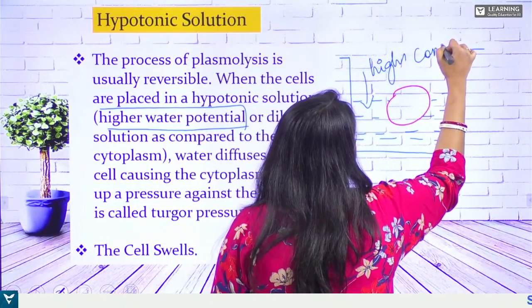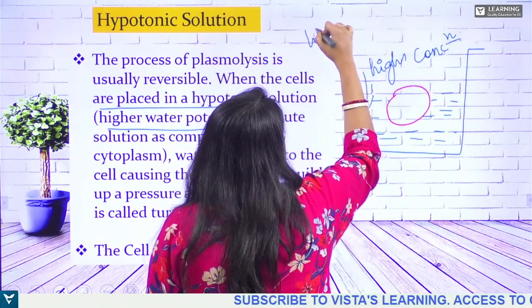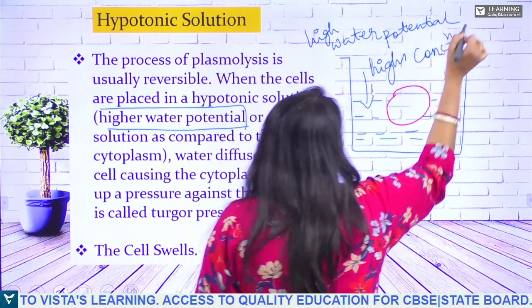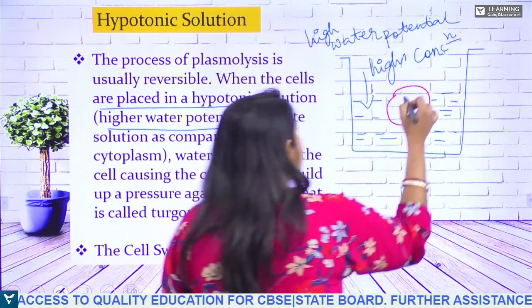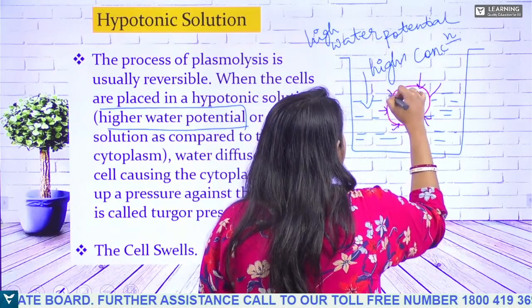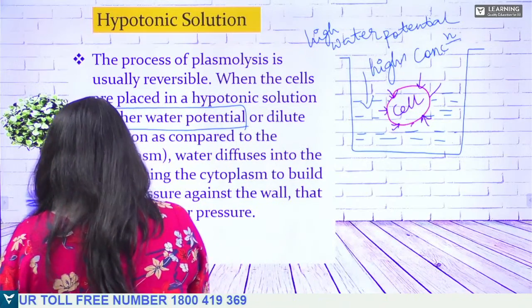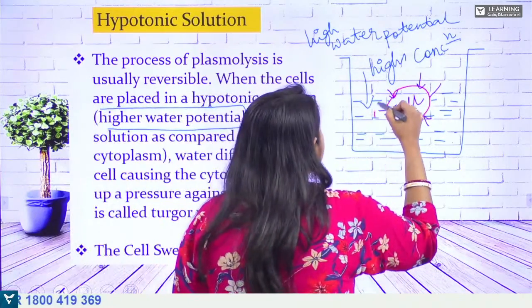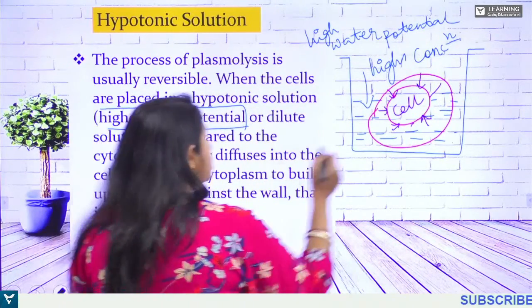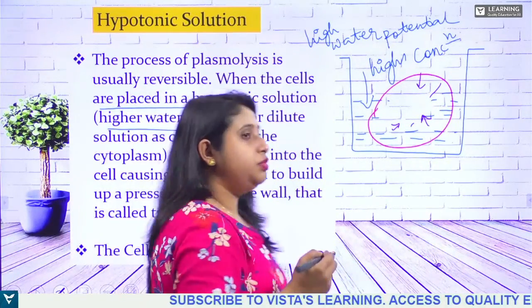Because of this high water potential, these water molecules are going to move inside the cell. When the water molecules move inside, the cell will increase in size. Is that clear? From this size, it will become bigger in size.